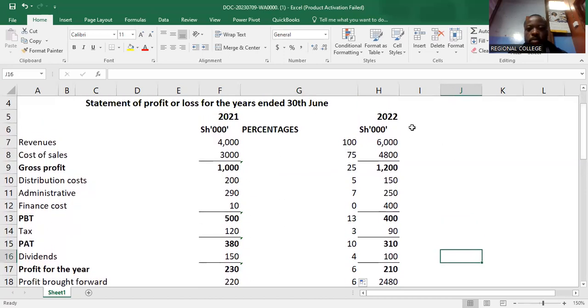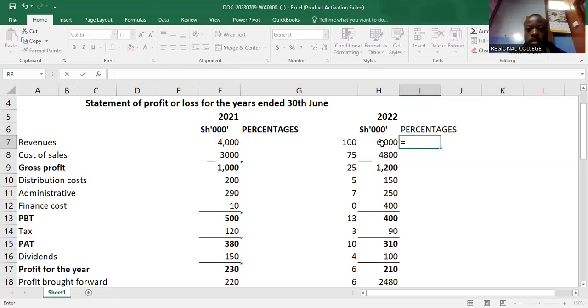The same you can repeat for 2022. That means the revenues, I divide by the same revenue, but I have to lock it by pressing my F4 key. Then I multiply by 100, then I enter.